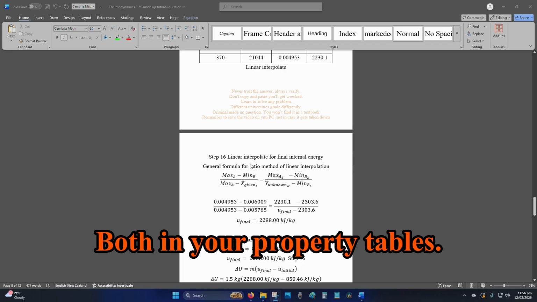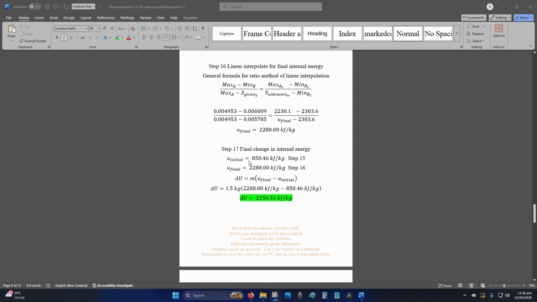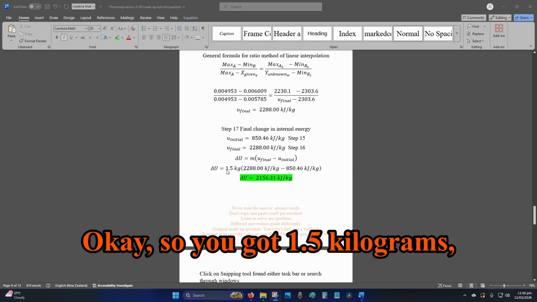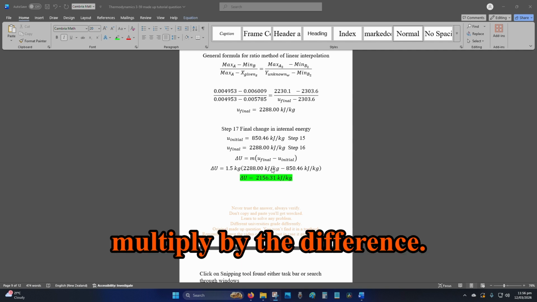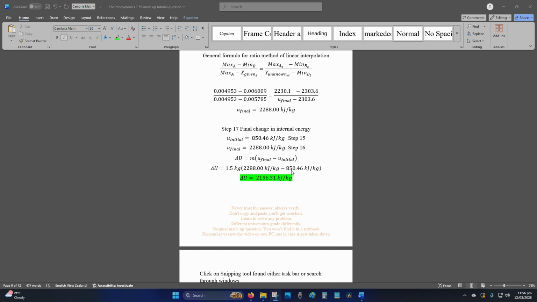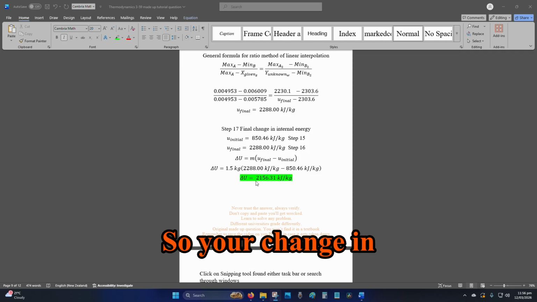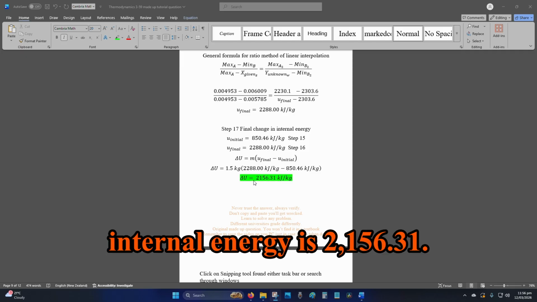Both are in your property tables. Okay, so you have 1.5 kilograms multiplied by the difference. So your change in internal energy is 2,156.31 kilojoules.